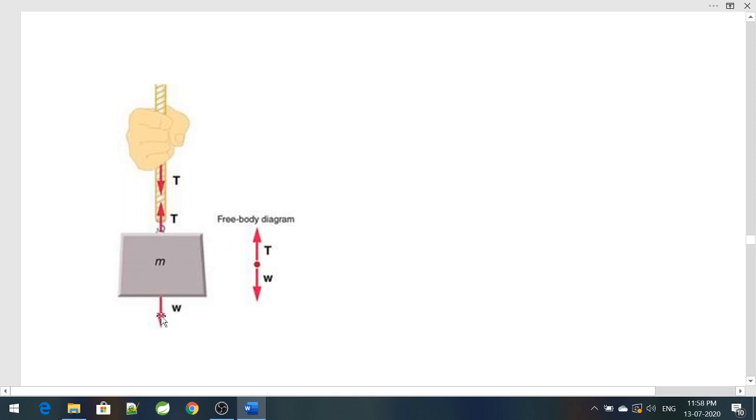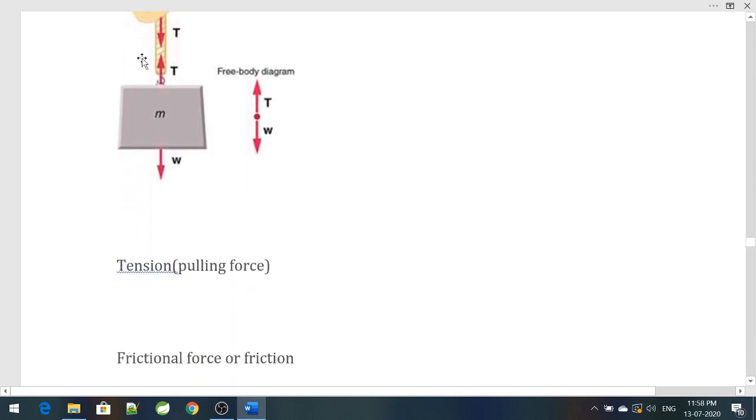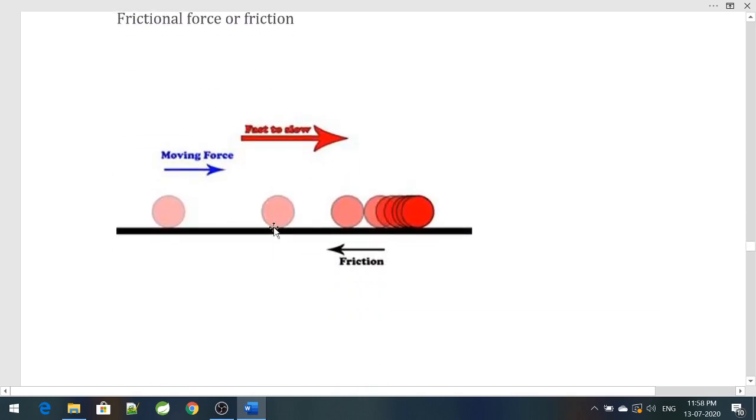This string also exerts force on the mass, and gravitational force also exerts force. So that's why it is called tension. And the free body diagram is this. Tension is a pulling force. Frictional force or friction. So these are contact forces.